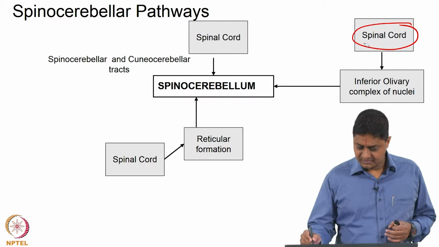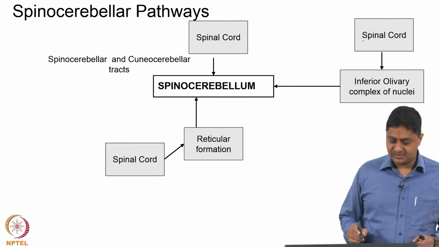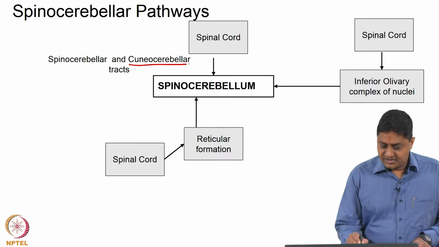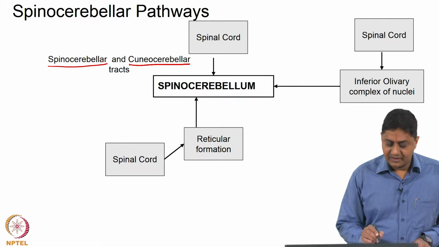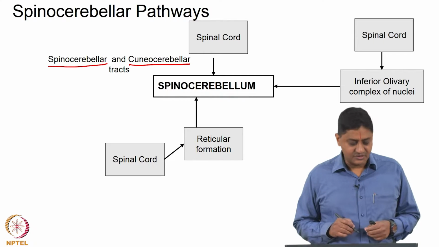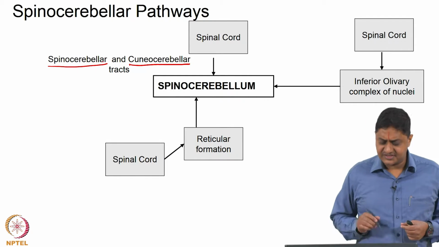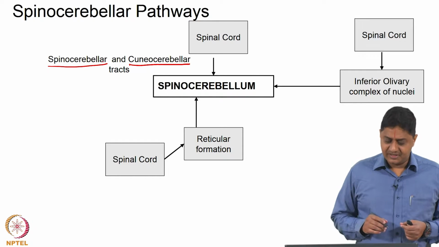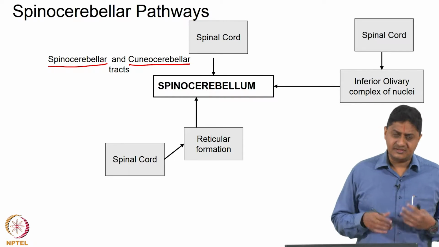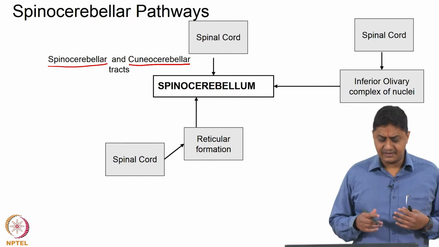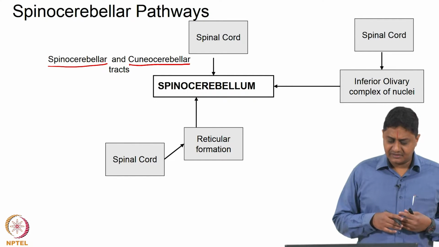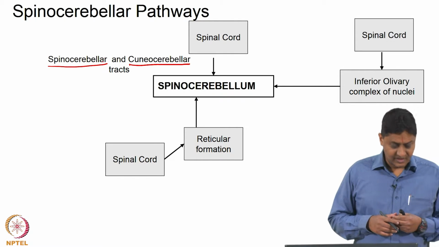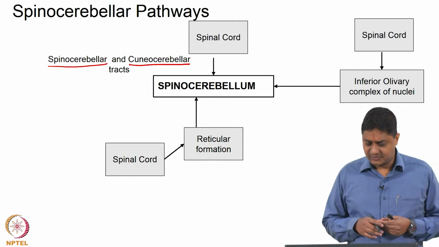One of the most important pathways is the cuneo-cerebellar and other spinocerebellar tracts. Actually, there are 2 such tracts we will discuss in the future slides: spinocerebellar and cuneo-cerebellar tracts. There are other names as well. There are dorsal and ventral spinocerebellar pathways.